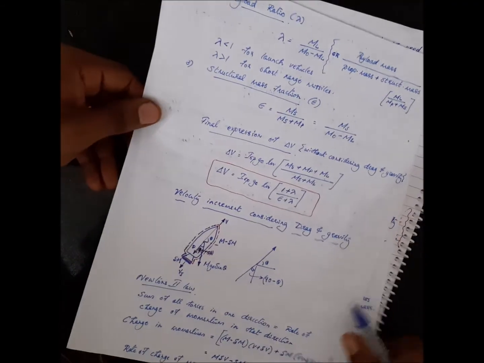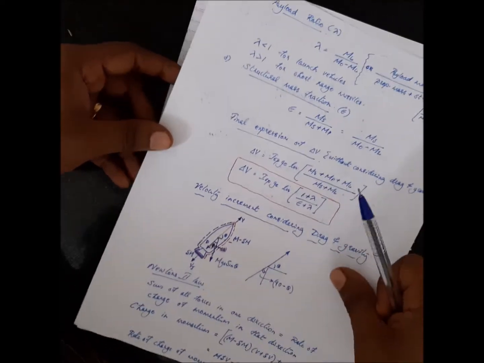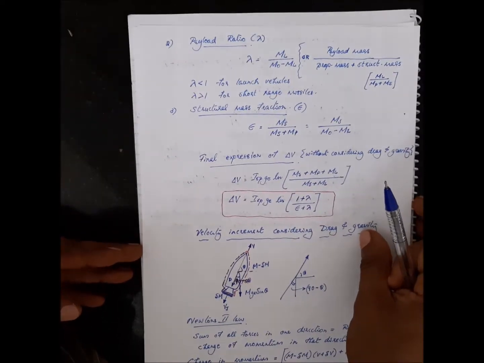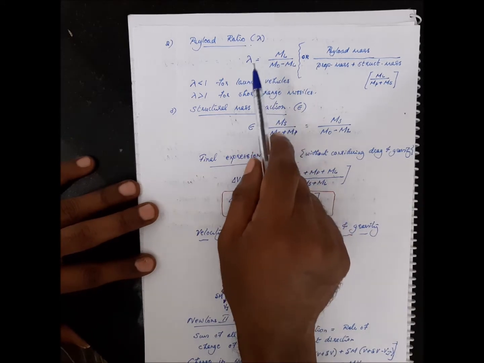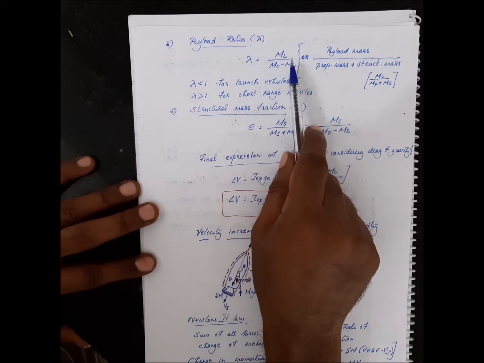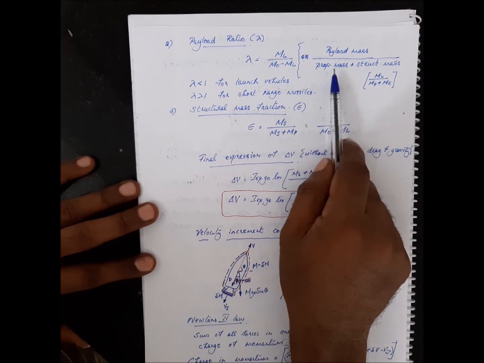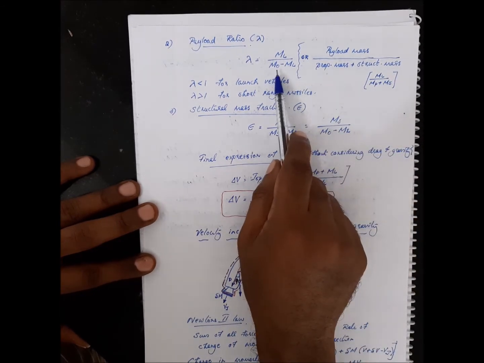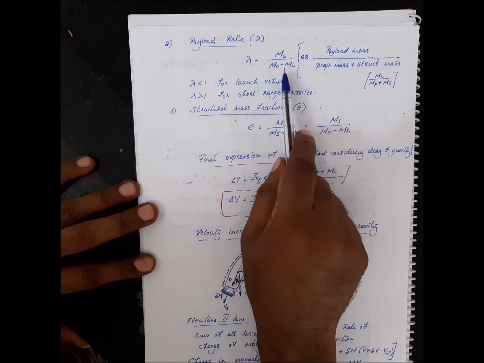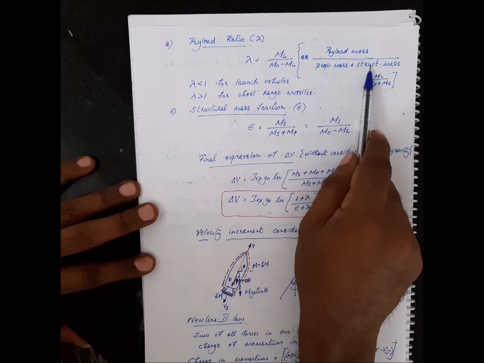Now the other two mass fractions. The payload ratio, lambda, equals mL, the payload mass, divided by the propellant mass plus structural mass, or mo minus mL, the initial mass minus the payload mass, which will give you the propellant mass plus structural mass.